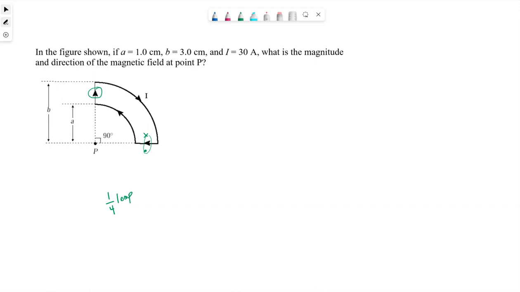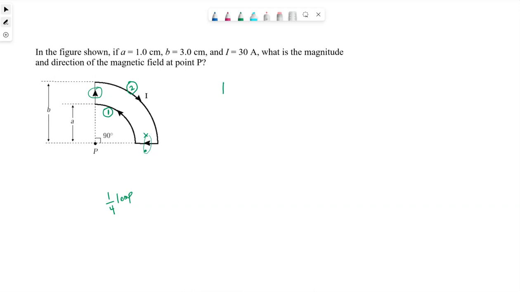If you think of a moving charge, it always creates a magnetic field that circles it. It cannot create a magnetic field along the path that the charge is taking. So ultimately, to find the overall magnetic field at point P, we need to add the magnetic field for this inner portion of a loop and this outer portion.